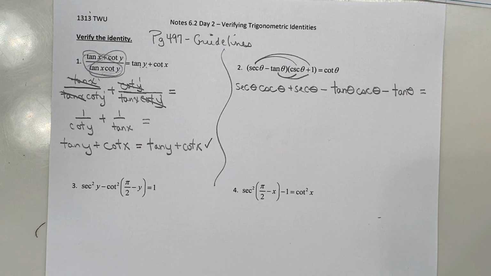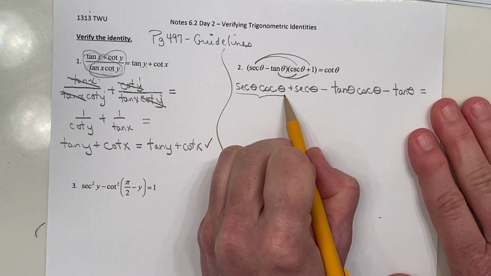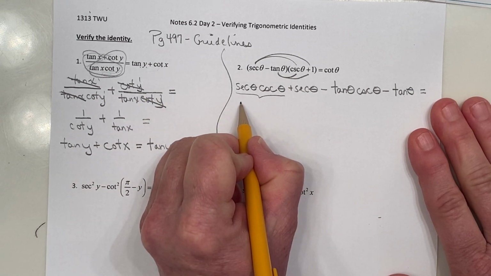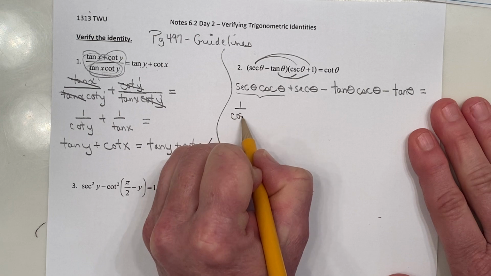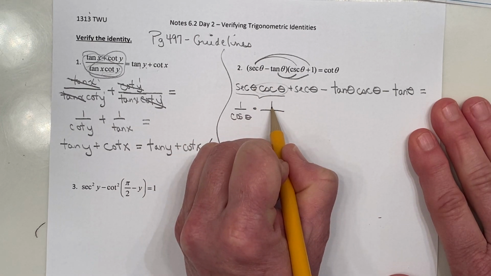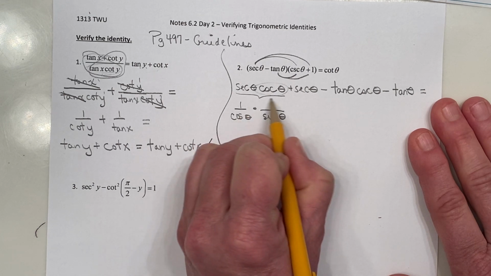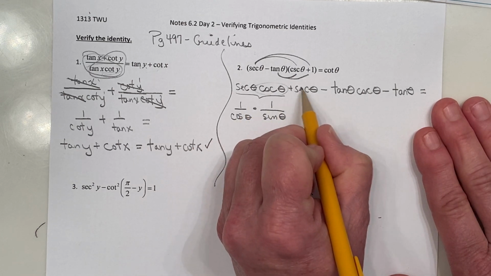For me, when I look at this, I'm thinking I'm going to change whatever I need to sines and cosines. So let's look at each of these terms. I'm going to change secant of theta to 1 over cosine theta times cosecant, which will change to 1 over sine theta. I'll come back and multiply these two together in a minute.